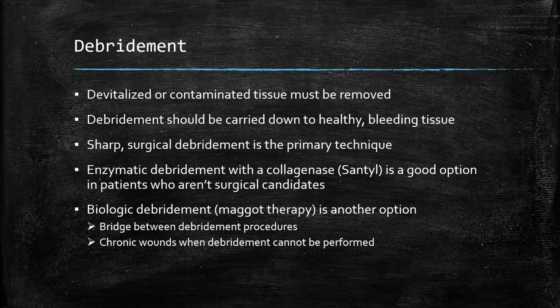But on occasion, enzymatic debridement with a collagenase like Santyl is a good option in patients who aren't surgical candidates. Our plastic surgery colleagues often make use of biological debridement, otherwise known as maggot therapy. This can be used as a bridge between debridement procedures or on chronic wounds when debridement cannot be performed in the operating room.